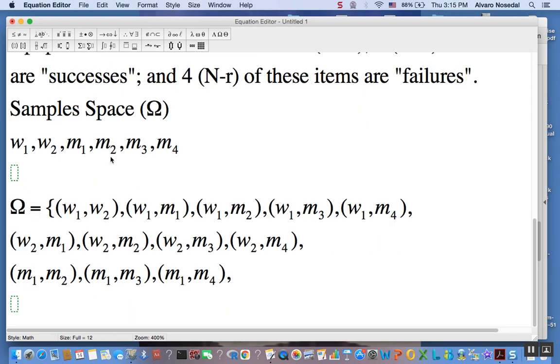Another one would be man number 2 and man number 4. So let's do that.